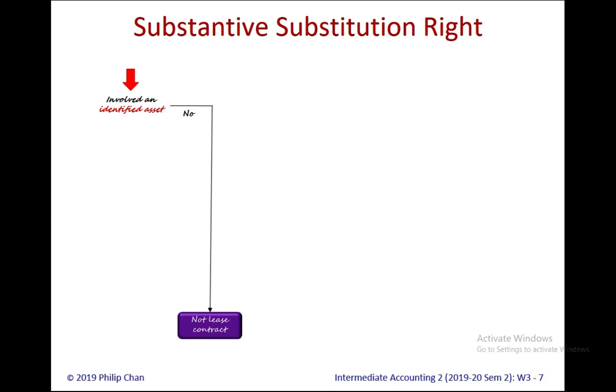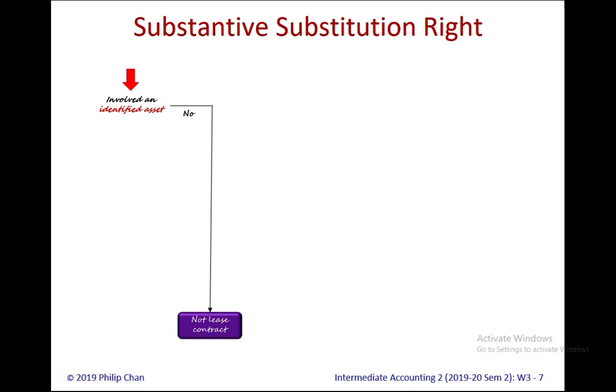Let's go back to the basic stuff. The first thing you have to look for in a lease contract is whether there is a physically distinct asset specified in that lease contract. In other words, can you see an identified asset? If the answer is no, then in fact that contract would not be a lease contract.